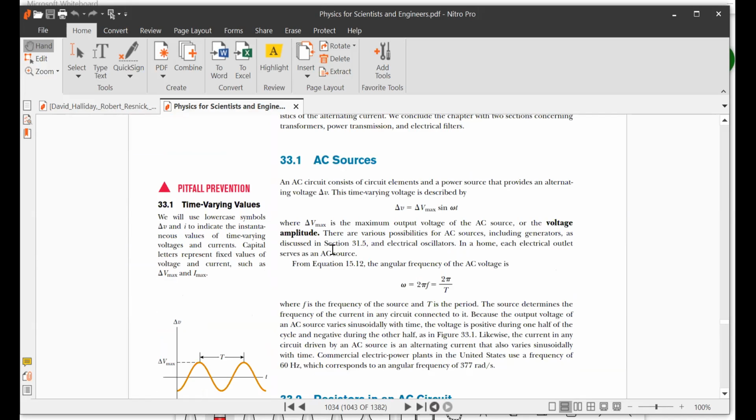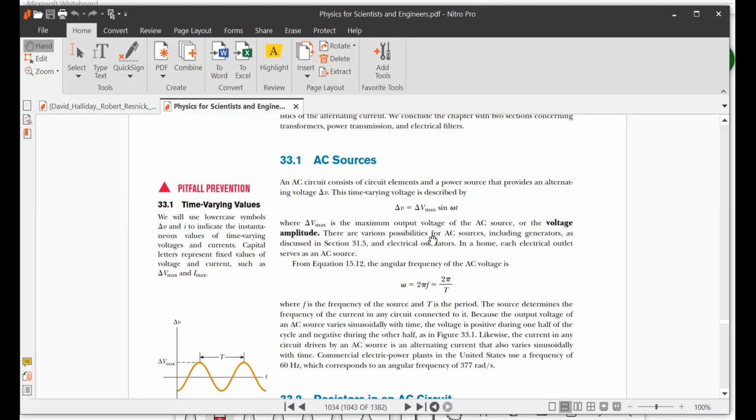Okay, for the source, for example, we have this source, this voltage, yeah, this is for AC EMF. You see that this voltage depends on time, so this is a time varying voltage, okay.